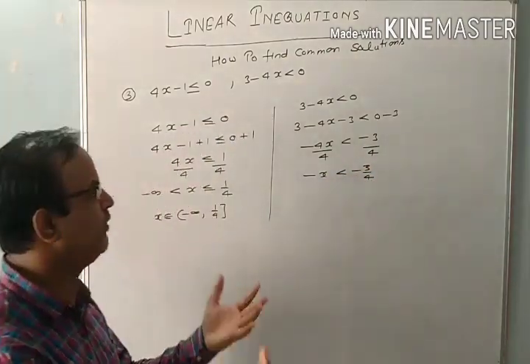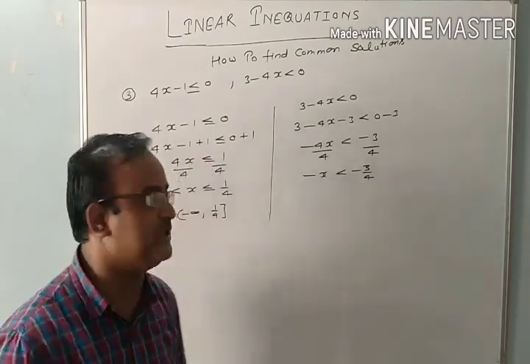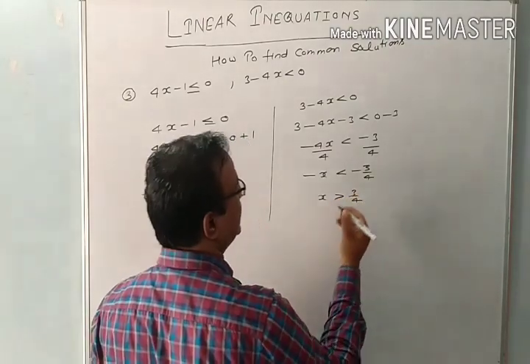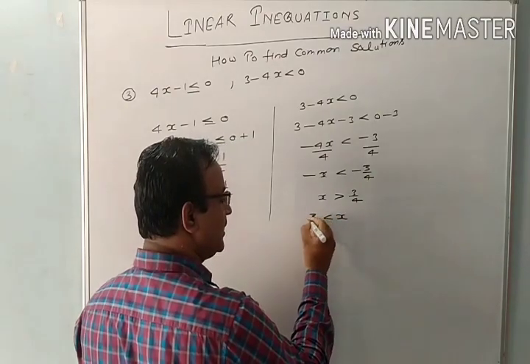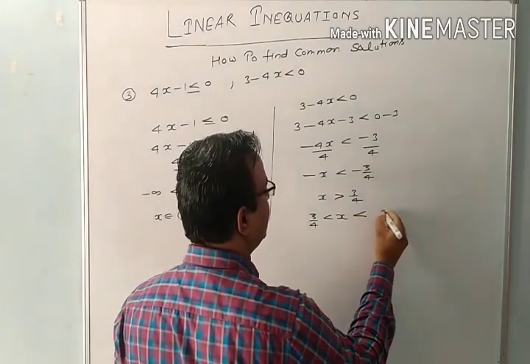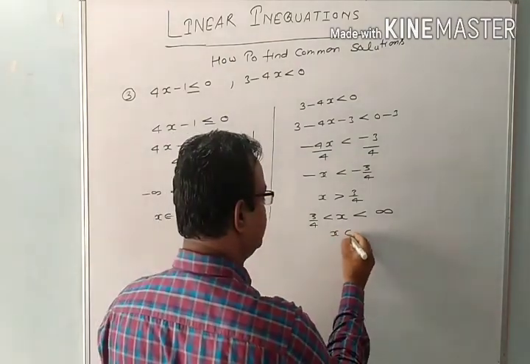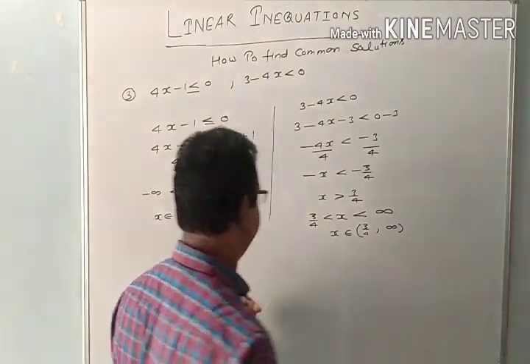Now we have to solve it for x, not for minus x. So we will multiply by minus 1 on both sides. When you multiply, the sign will be reversed. So it is x more than 3 by 4. That means the value of x is more than 3 by 4 but less than infinity. That means x belongs to from 3 by 4 to infinity.